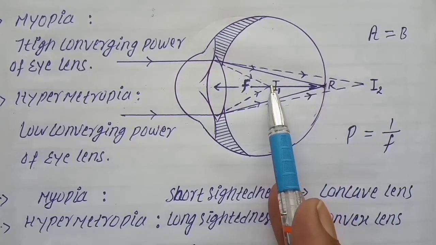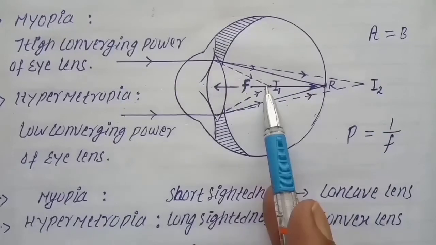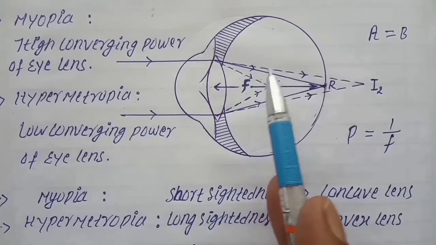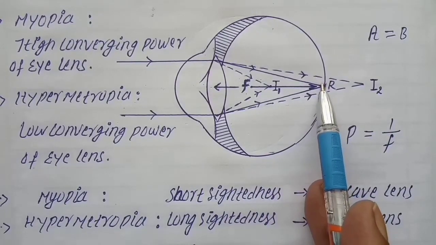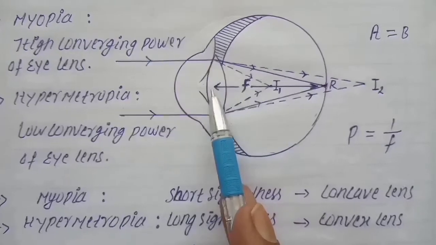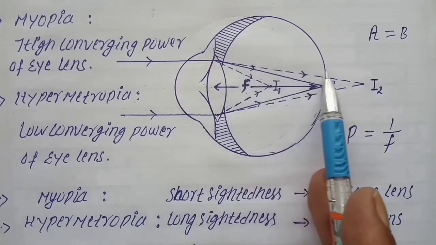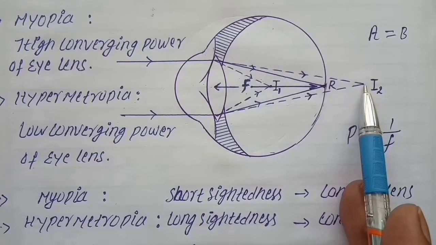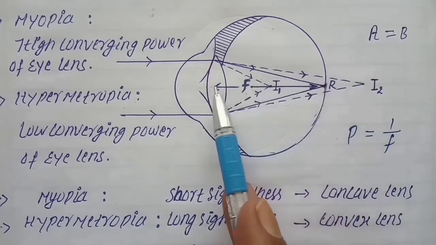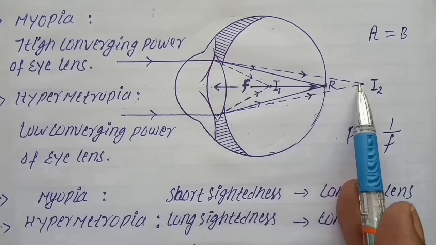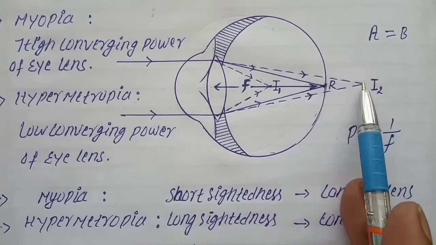In this case, the focal length of the eye lens decreases and no view of the object is obtained on the retina. But in case of low converging power, the light rays bend more slightly and meet beyond the retina. In this case, the focal length of the eye lens increases and no view of the object is obtained on the retina.